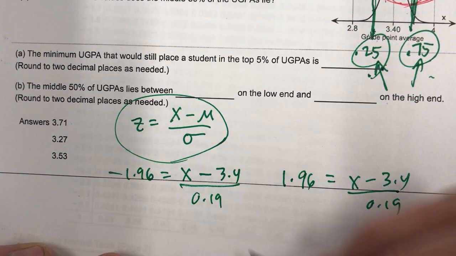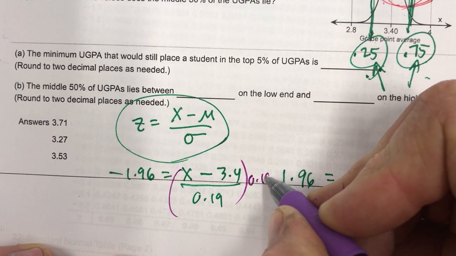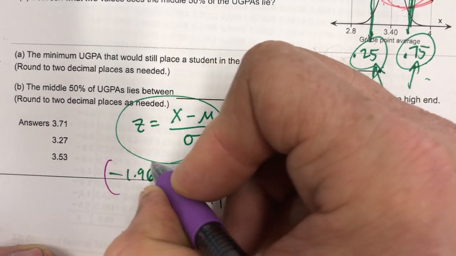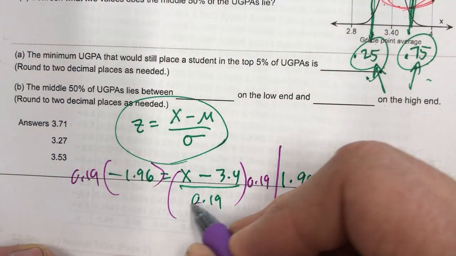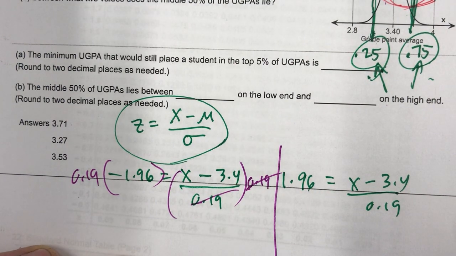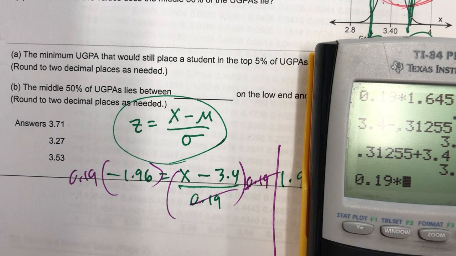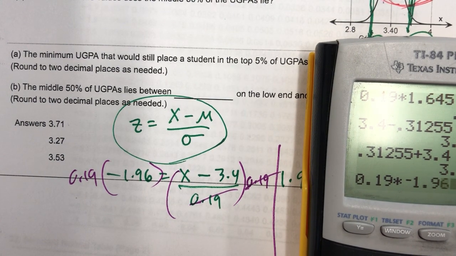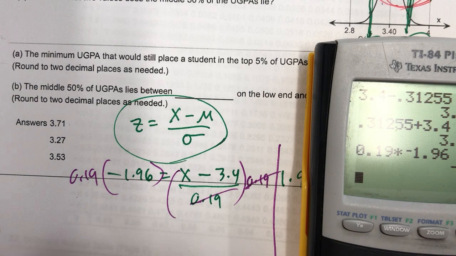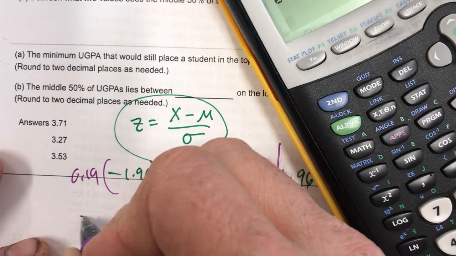All right, so I'm going to solve this one. I'm going to multiply by 0.19 both sides. That makes this cancel off. And so if I punch this in, 0.19 times negative 1.96 comes out to negative 0.3724.